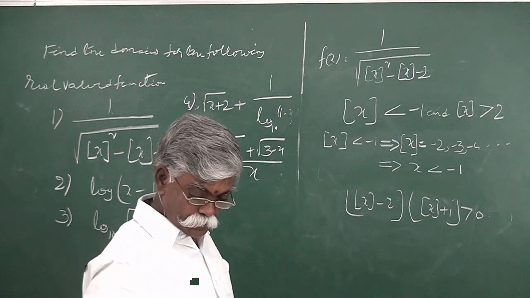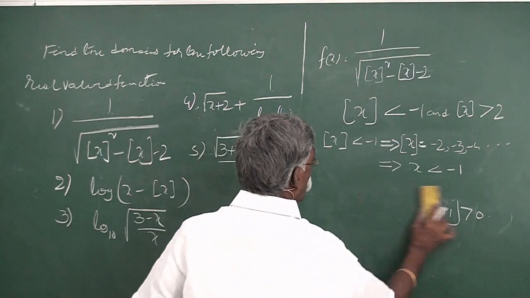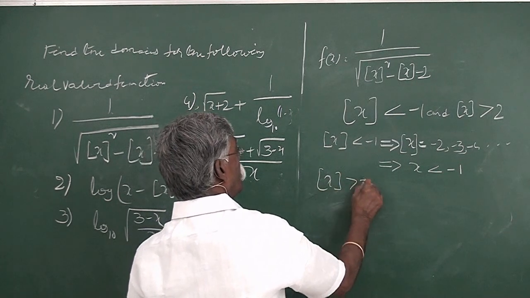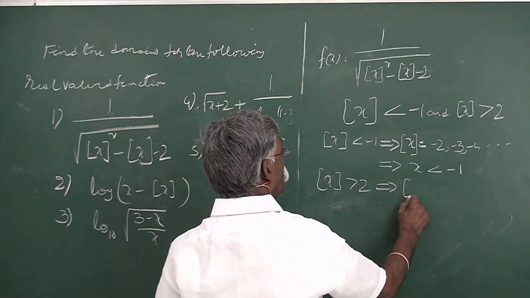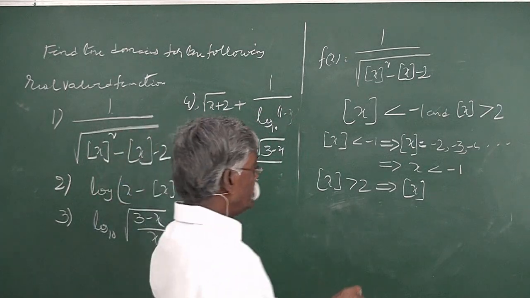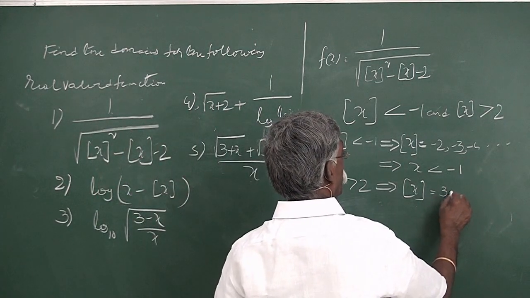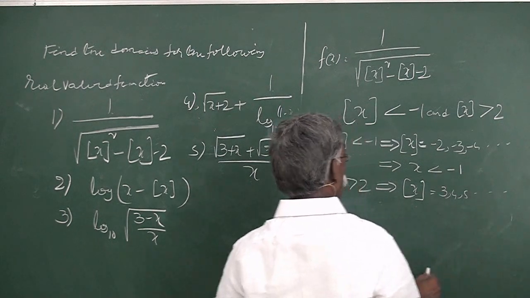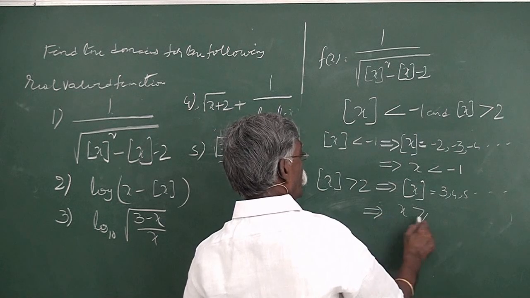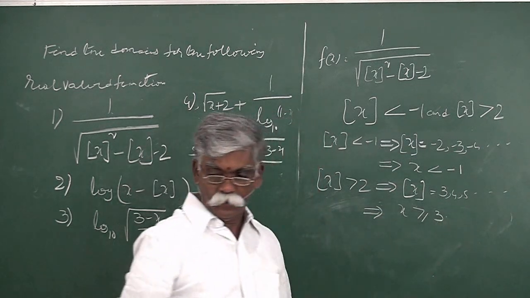And [x] greater than 2 implies [x] is equal to 3, 4, 5, etc. That is, x is greater than or equal to 3.